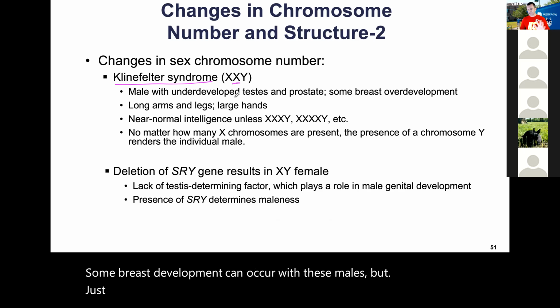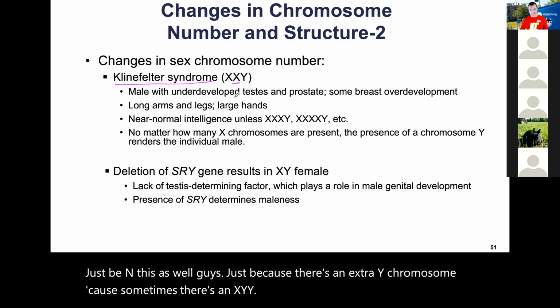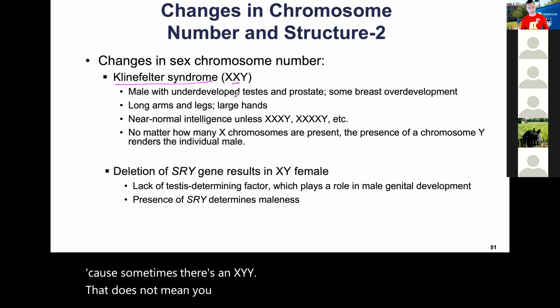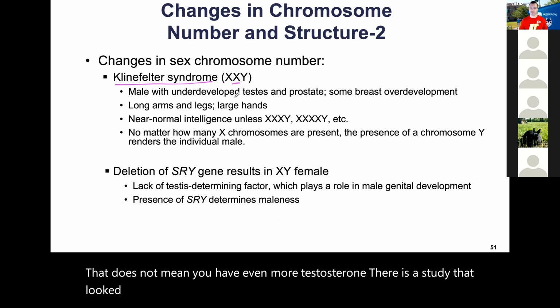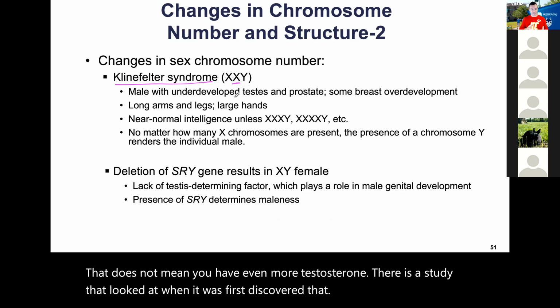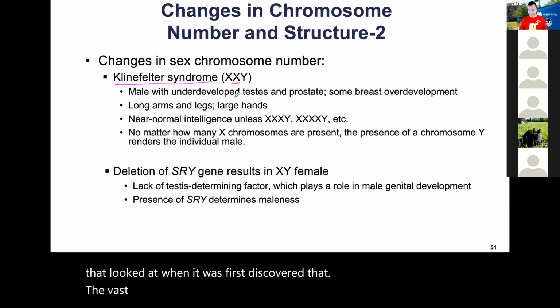And this as well, guys: just because there's an extra Y chromosome, because sometimes there's an XYY, that does not mean you have even more testosterone. There's a study that looked at, when it was first discovered, the vast majority, like 90-something percent, of a prison in Russia, because they did a bunch of genetic research in these prisons.